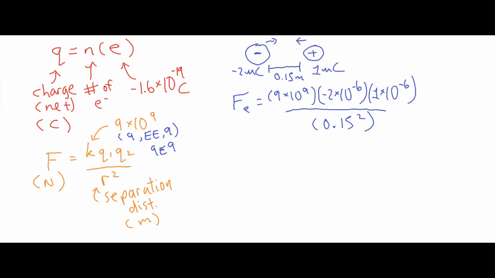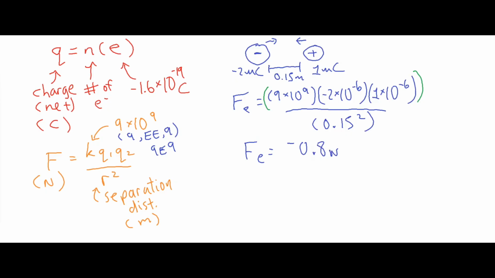You can put everything in your calculator all at once. If you do, I would recommend wrapping the whole numerator in parentheses to make sure your calculator knows that's the whole numerator, the product of those three numbers. When you do that, we get an answer of negative 0.8 newtons.